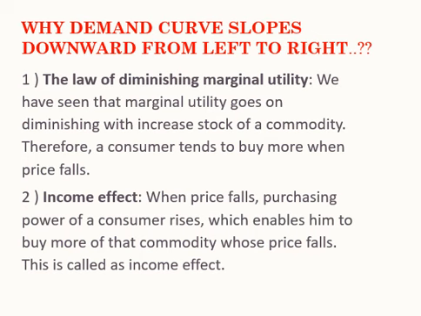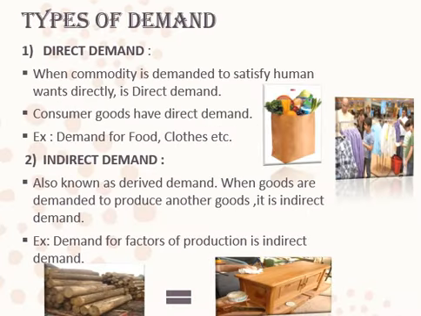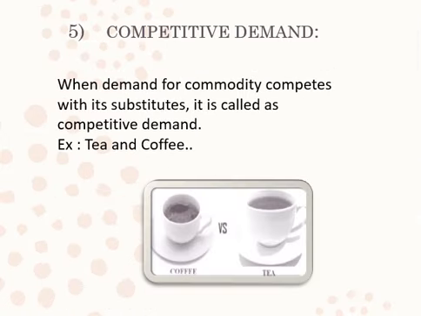Then we understood the reasons why the demand curve slopes from left to right: the law of diminishing marginal utility, the income effect, the substitution effect, and multi-purpose uses. Then we learnt the types of demand: direct demand, indirect demand, joint demand, composite demand, and competitive demand.